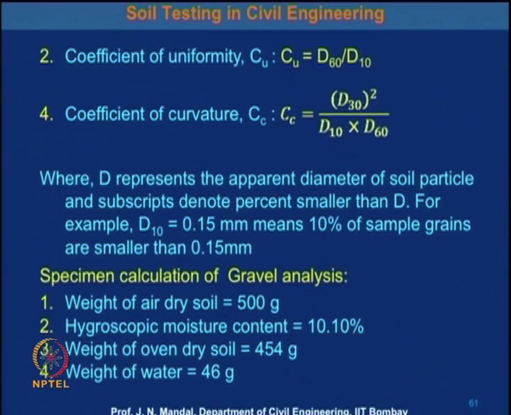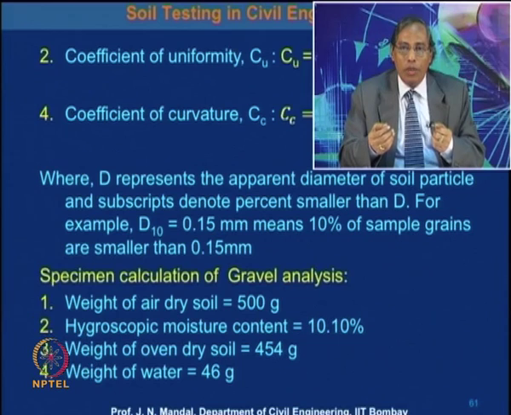Here D represents the apparent diameter of the soil particle and its subscript denotes the percentage smaller than D. For example, D10 is equal to 0.15 millimeter, means 10% of the sample grains are smaller than 0.15 millimeter.